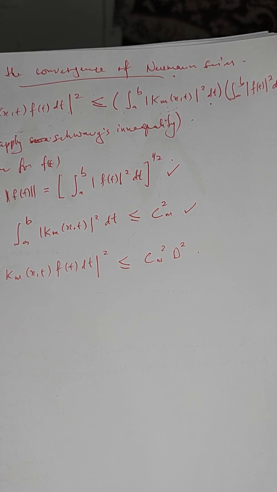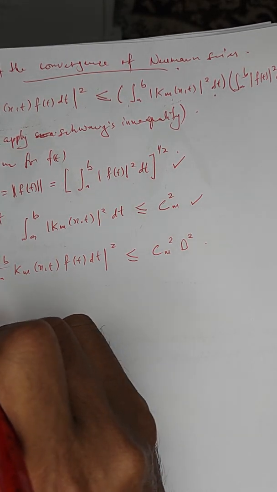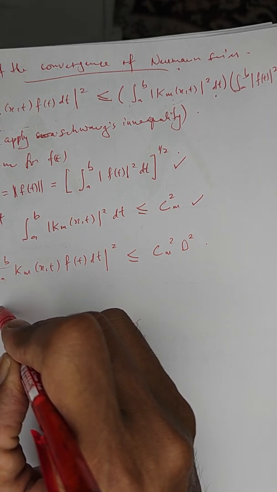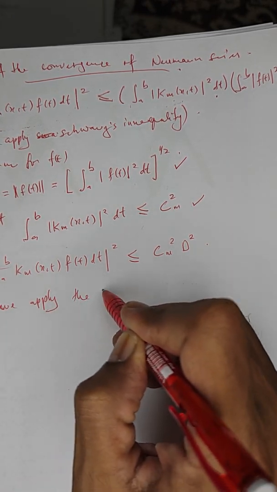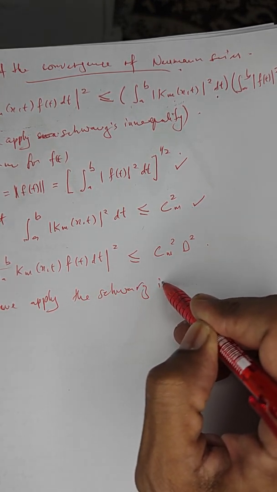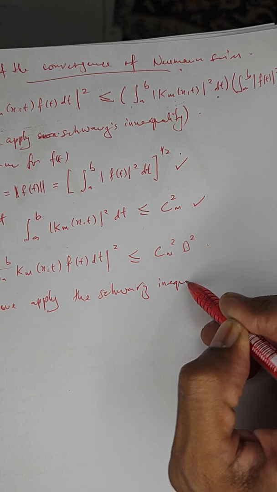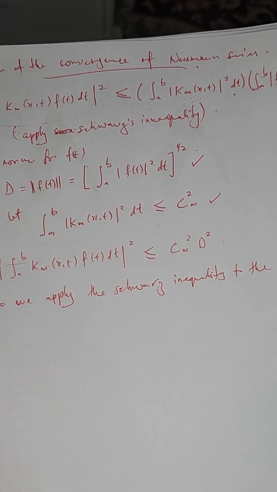And then we apply the Schwarz inequality again to the iterated kernel.